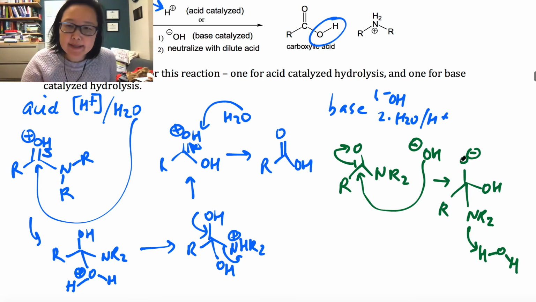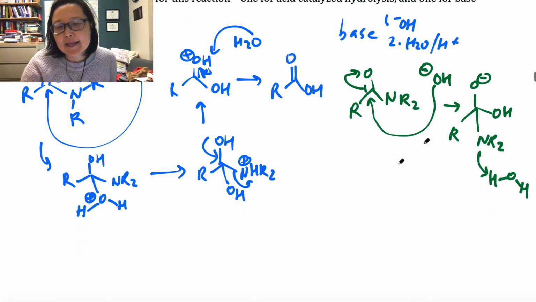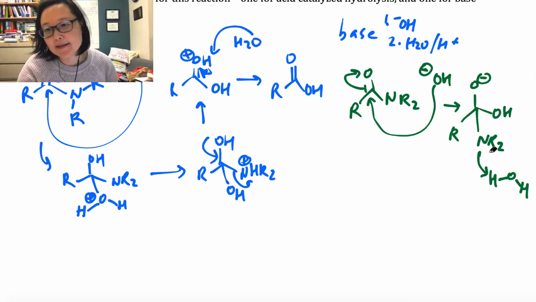Now at this point, what's likely to happen is the reverse, because hydroxide is a better leaving group than this amide ion. So when this collapses, OH would get kicked out first and we go backwards. So the way to drive this reaction forward is to protonate this and make that a better leaving group first. Under basic conditions, water is acidic enough for this.